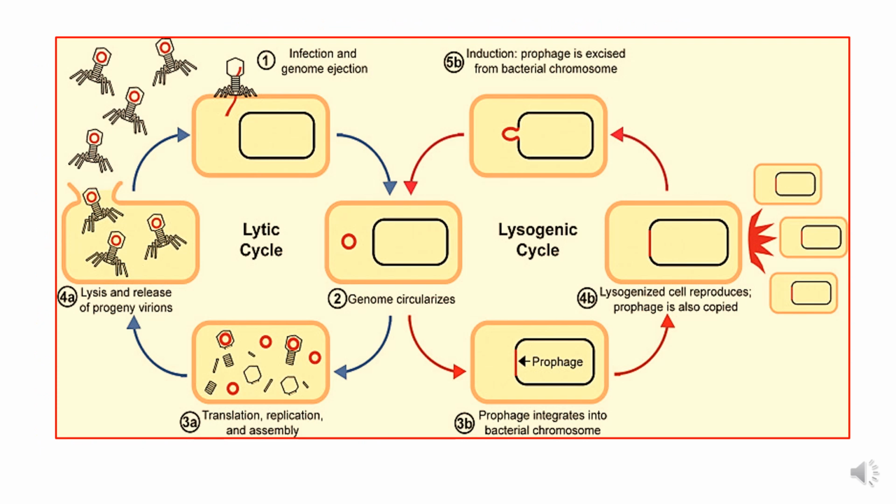Here in this picture we can see the lytic cycle and lysogenic cycle differentiated into different stages. In the first phase, the bacteriophage infects by attaching to the bacterial cell, and then releases its viral nucleic acid into the bacterial cell. The viral nucleic acid becomes circularized and starts replicating within the bacteria.